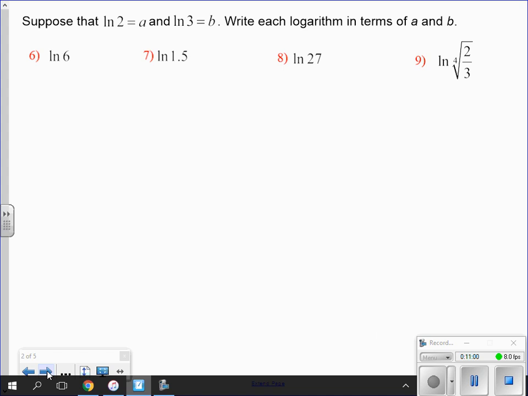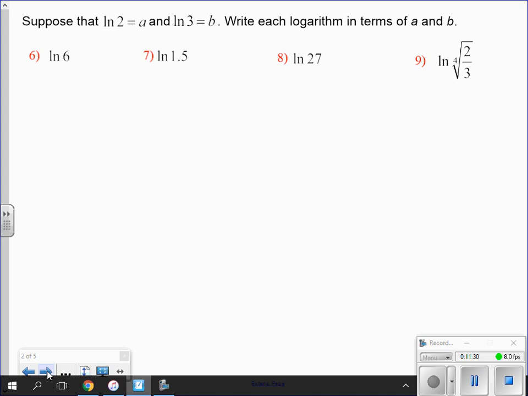Suppose that the natural log of 2 is equal to A and the natural log of 3 is equal to B. Write each logarithm in terms of A and B. So here's what I need to do. I know what the natural log of 2 is. I know what the natural log of 3 is. So I have to take the natural log of 6 and rewrite that as the natural log of 2 in some form and the natural log of 3 in some form.